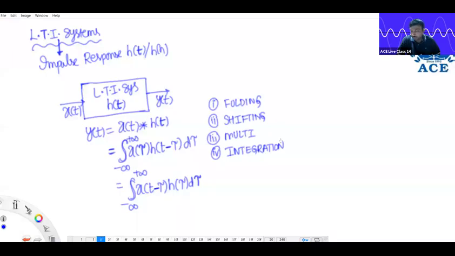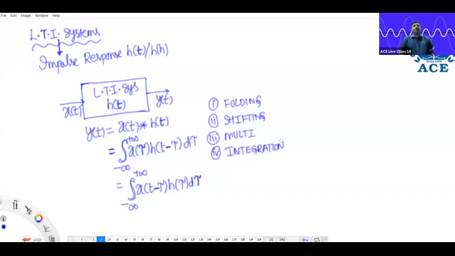Find the area under overlap of x of tau with h of t minus tau. Of course, we observed the graphical method. What is the convolution of two causal signals we considered? When both are causal functions, the resultant is another causal function.